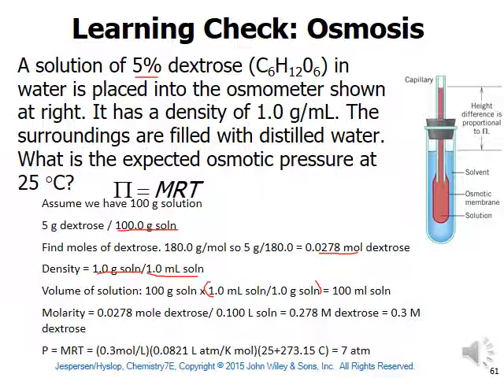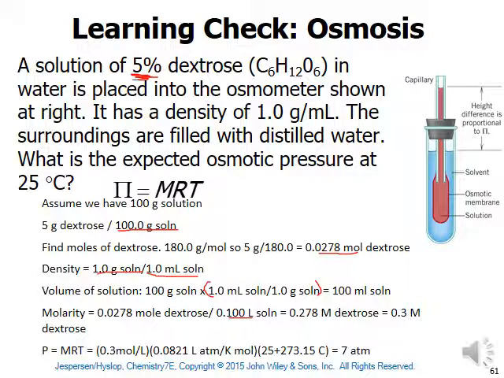So you can do the math, or almost do it in your head: 100 grams of solution is 100 mL of solution, and all of these should be 100.0. So the molarity is going to be the moles divided by the volume, and it turns out to be 0.278 molar.